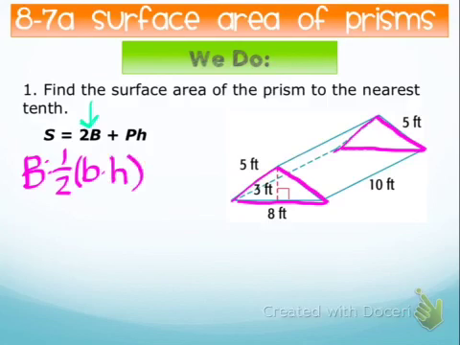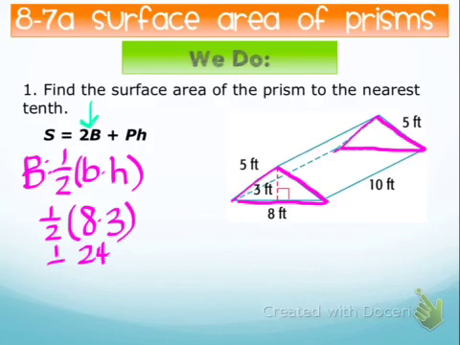So my triangle has a base of 8 and a height of 3. And then I'm going to do half of that because it's a triangle. So half of 24 equals 12. So I've got my first piece of info. I know that B equals 12.